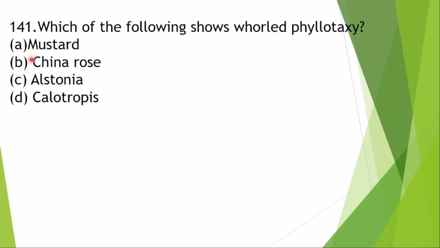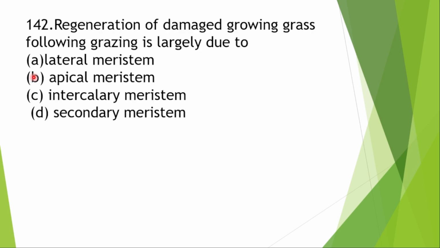Next, 141. Which of the following shows whorled phyllotaxy? Mustard, China rose, Alstonia, Calotropis. So whorled phyllotaxy you can see in Alstonia. 142.